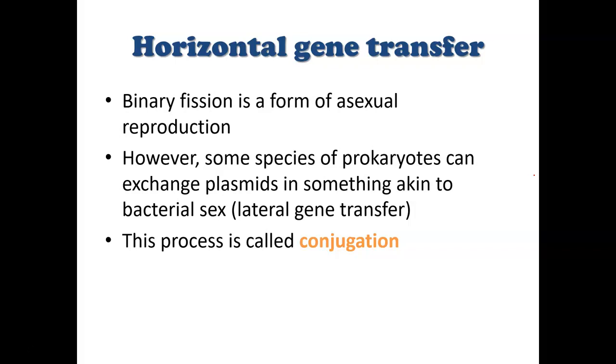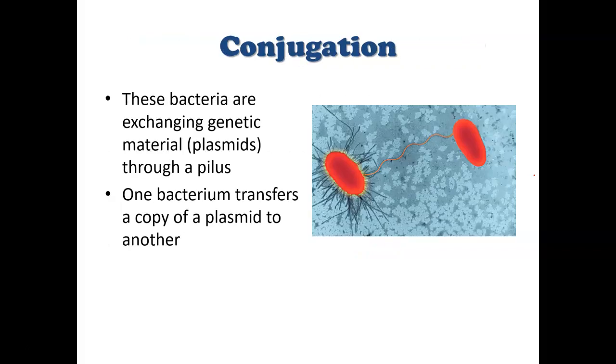But the second mechanism of genetic diversity is something called conjugation, or bacterial sex. It's sometimes called horizontal gene transfer, lateral gene transfer. It's all the same thing. Right? But conjugation occurs when you have a male, this hairy guy, and a female, this smooth guy. And what will happen is the male will build this conjugation tube, and then will copy its plasmid and deliver a copy of its plasmid to the recipient cell.